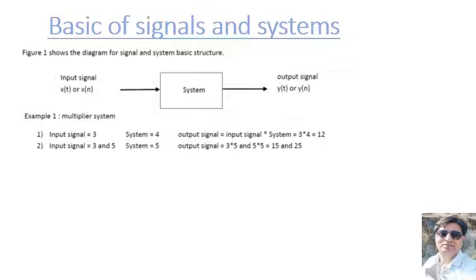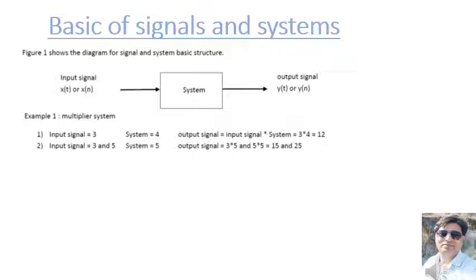In our second case, we have two inputs, 3 and 5, and our system provides a multiplying factor of 5, and after multiplying we have two outputs. First, 3 into 5 is equal to 15, and second, 5 into 5 is equal to 25.